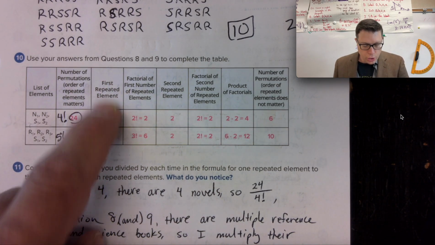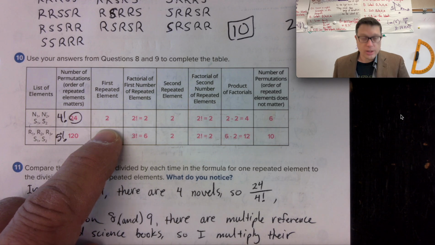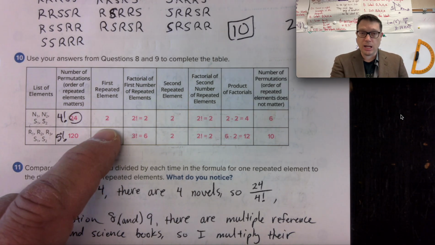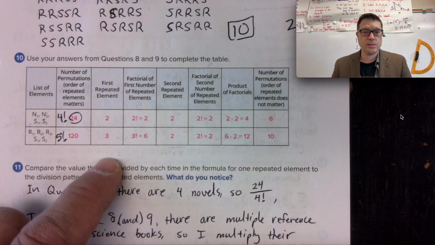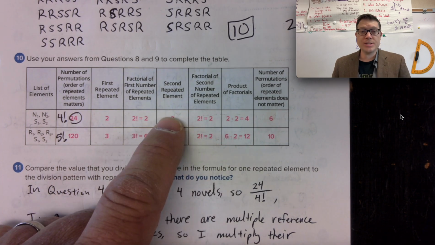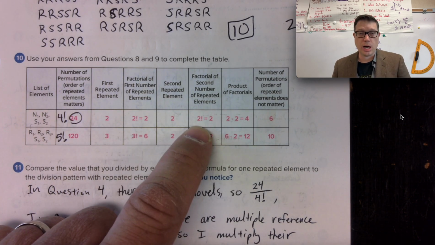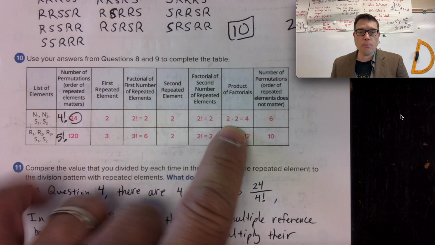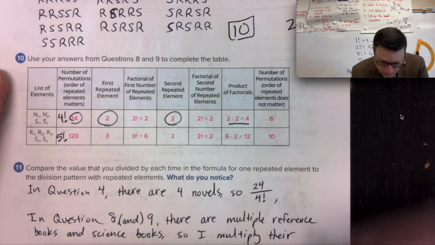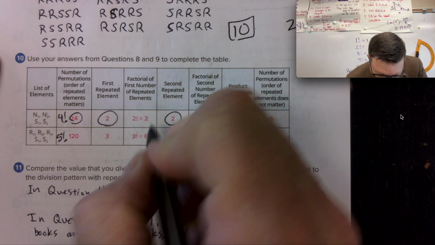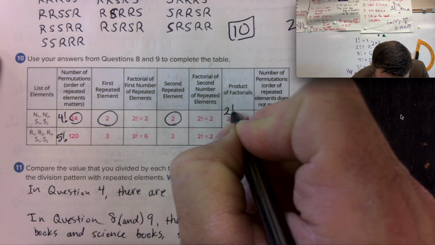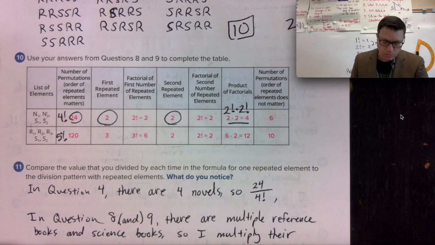But if there were 2 repeated elements, the first repeated element has 2 copies, so 2 factorial. The second repeated element has 2 copies, so 2 factorial. You multiply 2 factorial times 2 factorial.